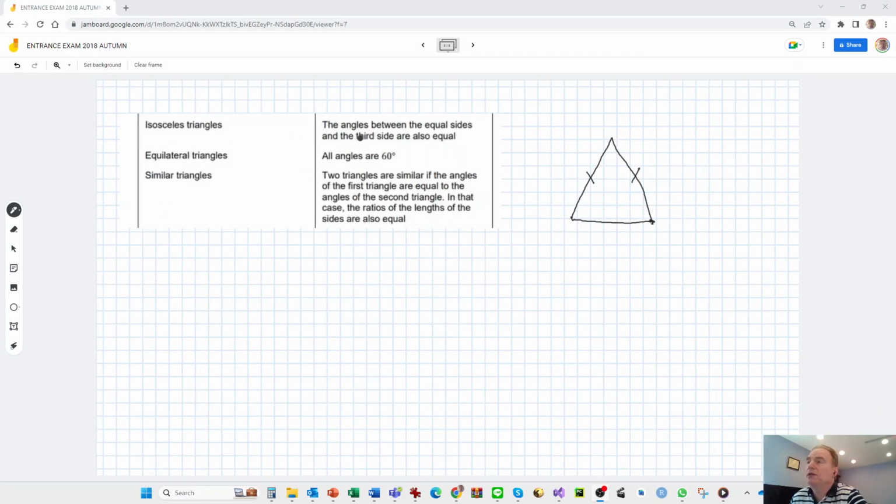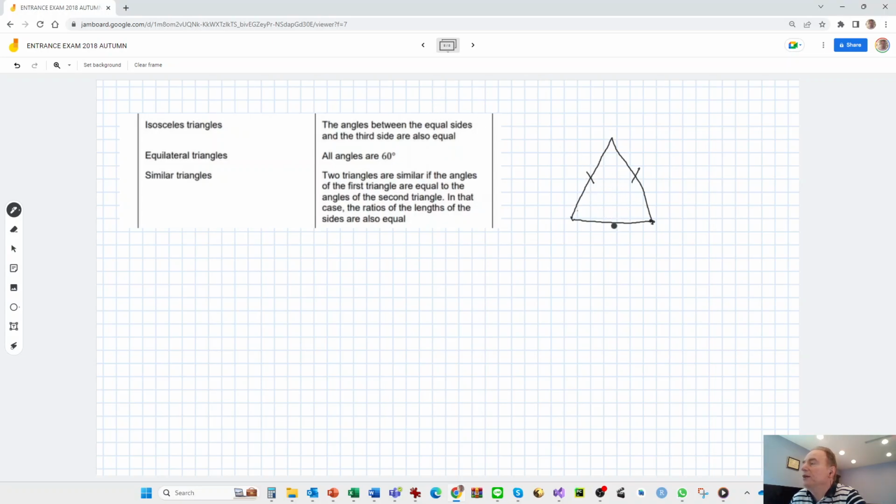An isosceles triangle is a triangle with 2 equal sides, 2 legs that are equal in length. And they also have a property that the opposite angles here and here are the same.